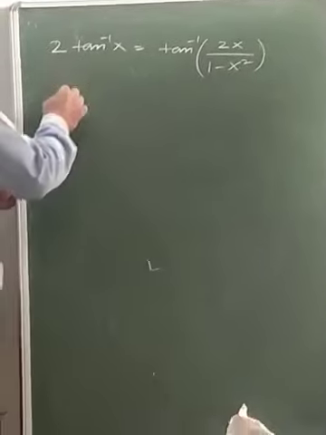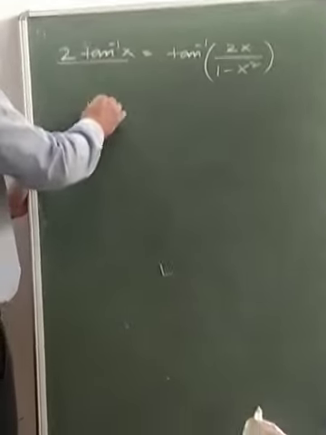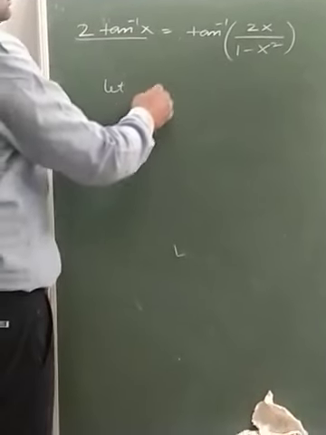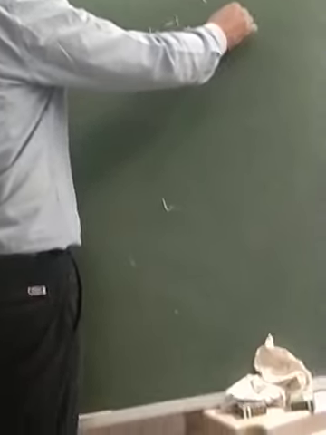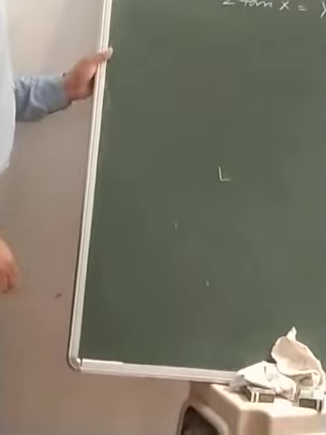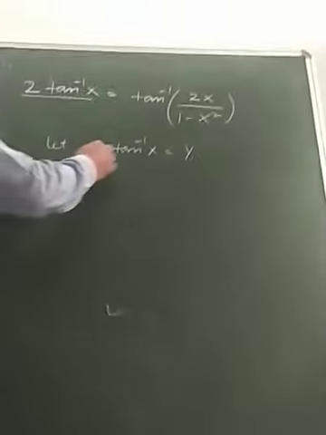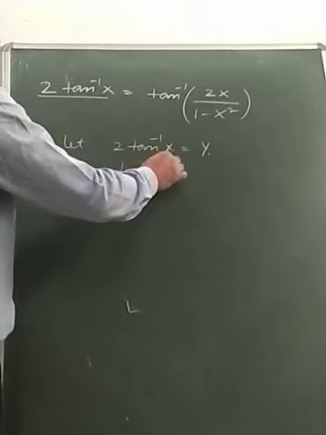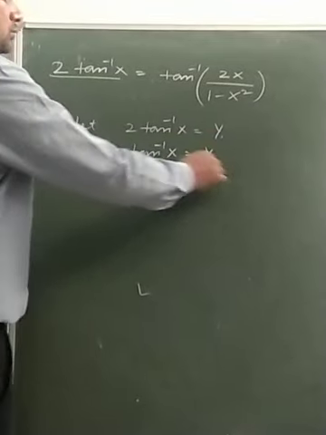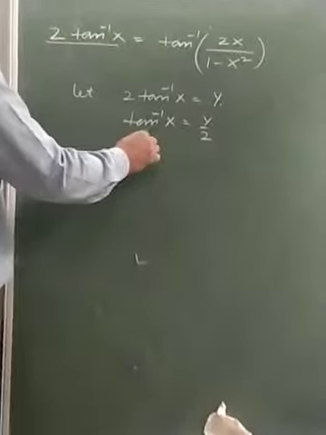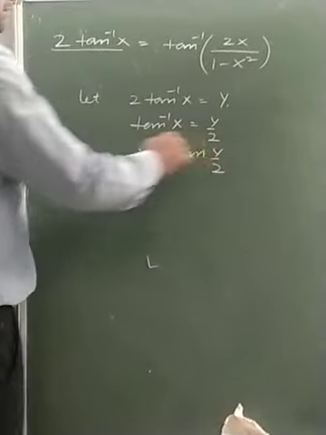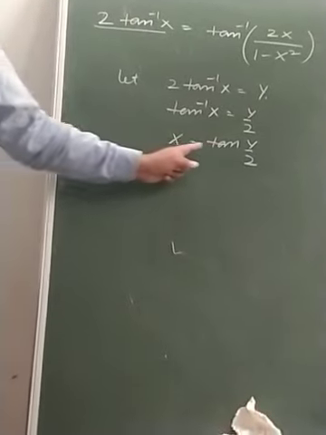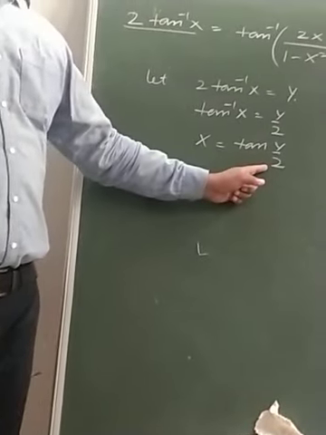For proving it, taking the left side, let 2 tan inverse x be equal to y. Then tan inverse x is y by 2, and tangent changes into x is equal to tangent y by 2.